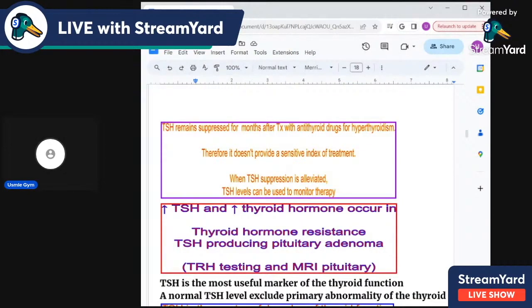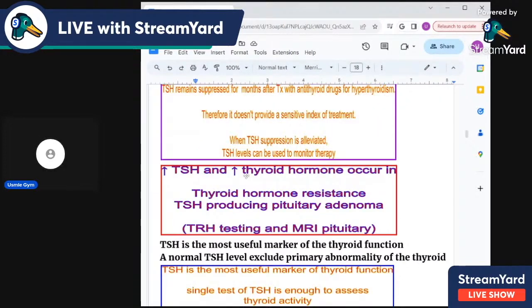What's the effect of antithyroid drugs on the TSH? TSH remains suppressed for months with treatment with antithyroid drugs. Therefore, it doesn't provide a sensitive index of the treatment. Only when TSH suppression is alleviated can TSH levels be used to monitor the therapy.